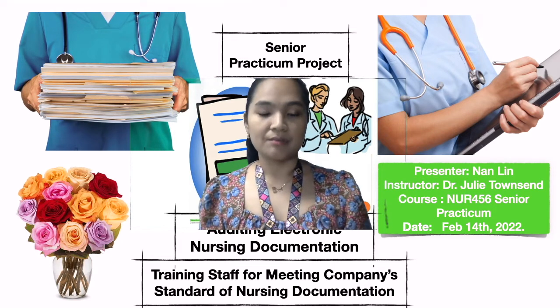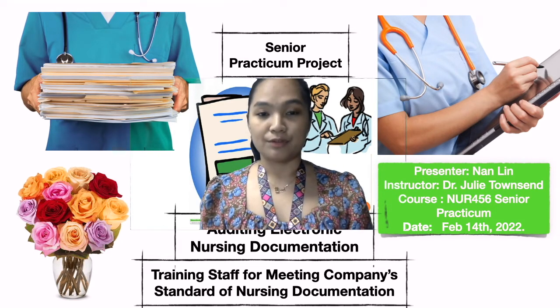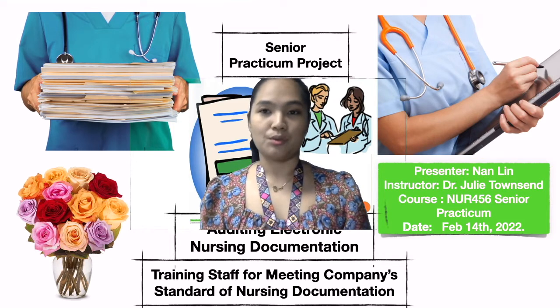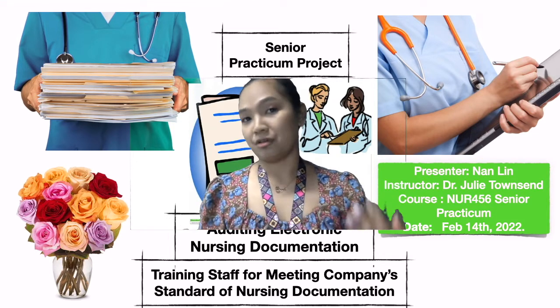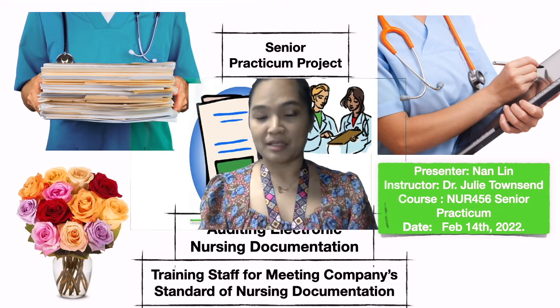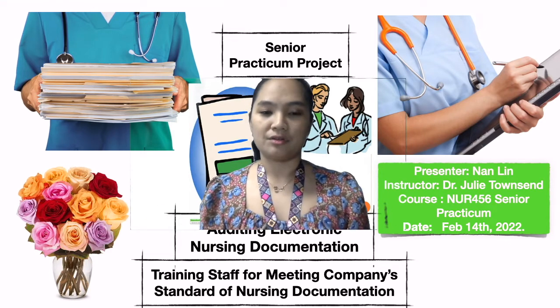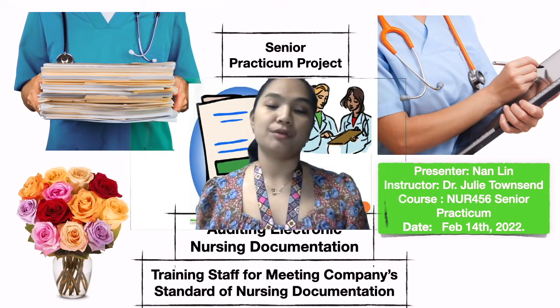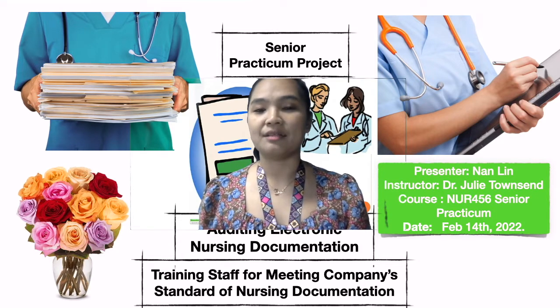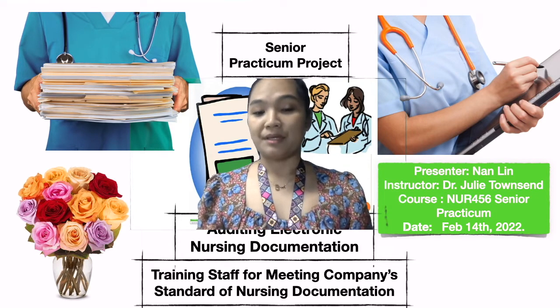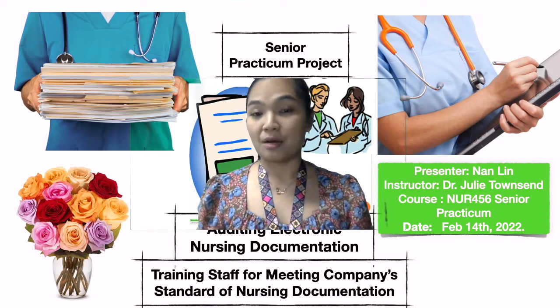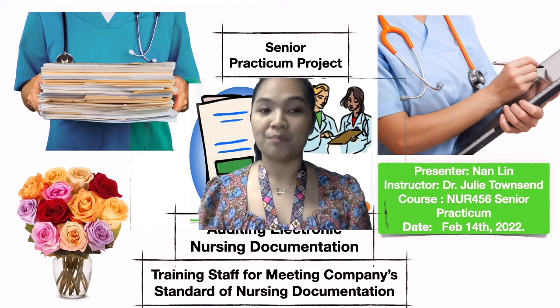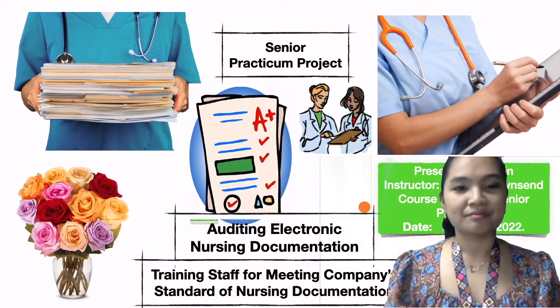Another main element is training the nurses, getting information and feedback from the nurses and from the articles that I read. I have a teaching plan that I developed, and I make the training for those nurses. The company is happy about it, and I'm happy about it. So let's get started.